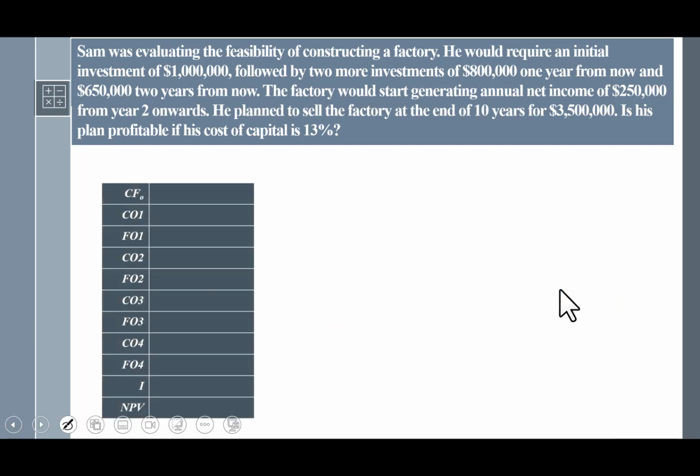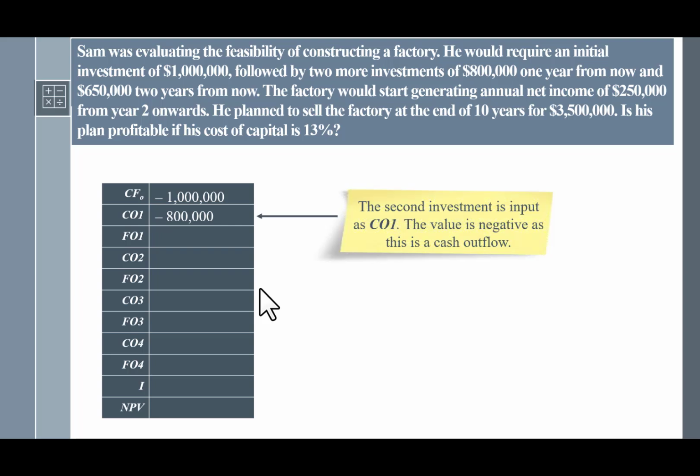So this is what we're going to do. As I said, we're going to enter CF0, the initial investment, as 1 million negative. CO1, it will be the 800,000, repeated only once. CO2, the difference between the 650,000 investment and the 250,000 inflow that they would be getting. But it's going to be negative, repeated once.